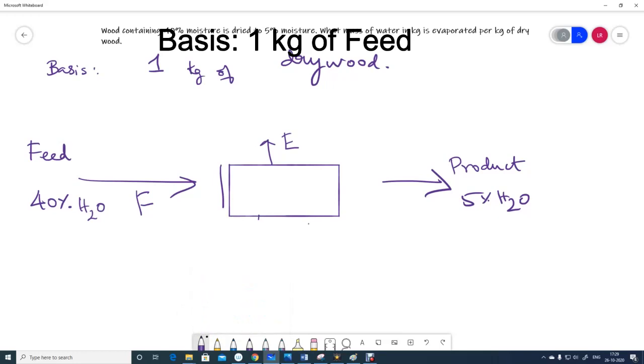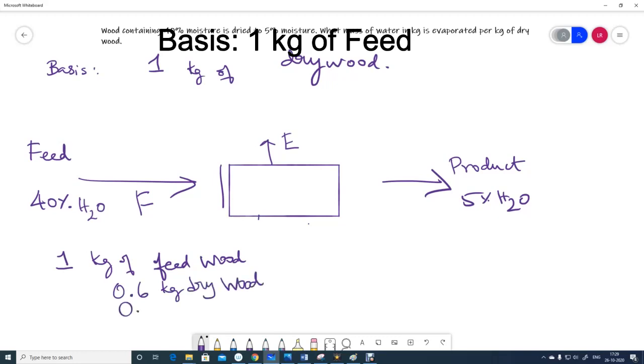So out of 1 kg of feed, 40% is water, meaning 0.4 kg is water. So how much is the dry wood? Dry wood will be 0.6 kg. So if we consider 1 kg of feed wood as the basis, then the dry wood amount will be 0.6 kg and the water content will be 0.4 kg.